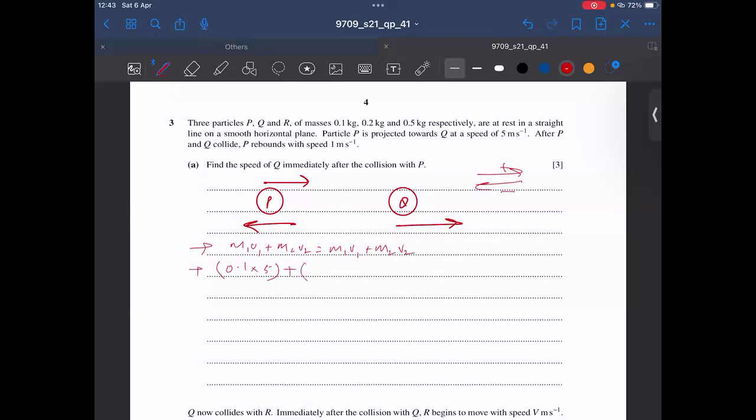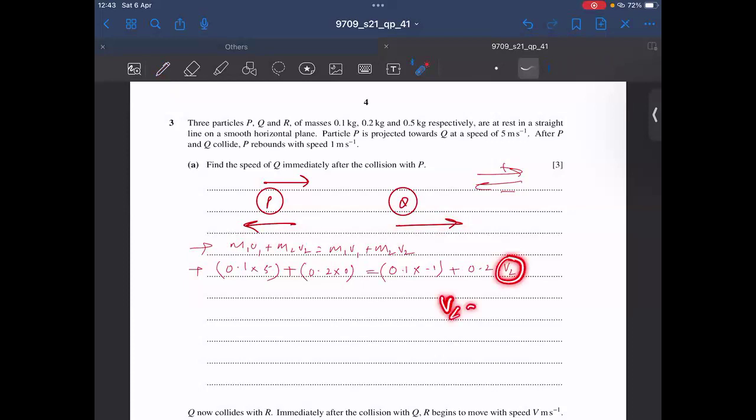Then M2, which is 0.2 times 0, because Q is initially at rest. Then 0.1 times minus 1, because P is moving towards left after collision. And M2 is 0.2 times V2. I'm taking V2 as positive because I'm assuming that Q is going to be moving towards right.